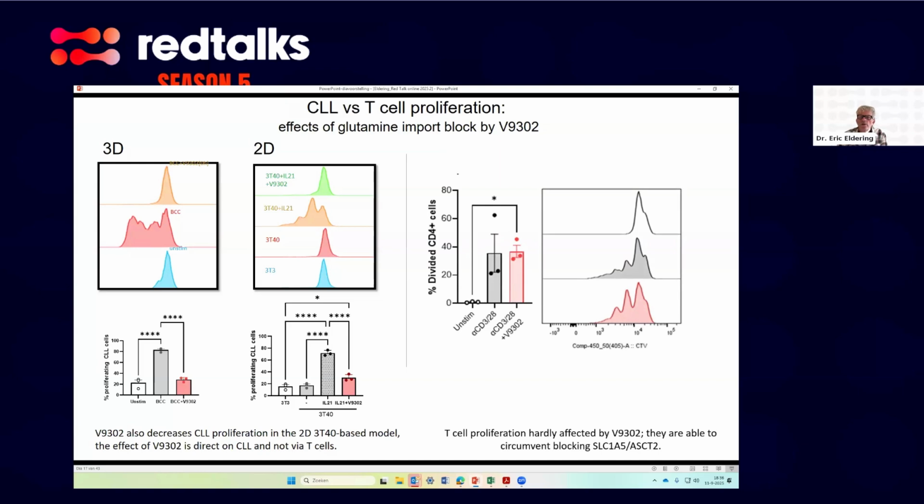So this gives us perhaps in the future a therapeutic window to target the glutamine dependency of CLL cells, while we then do not affect the T cell proliferation, of which we have an example here on the right. If we stimulate CD3, CD28, and in the presence of this glutamine importer inhibitor, this does not prevent the proliferation of the T cells in this system.